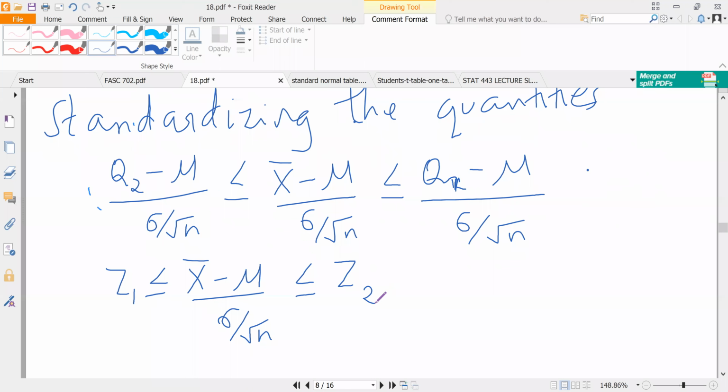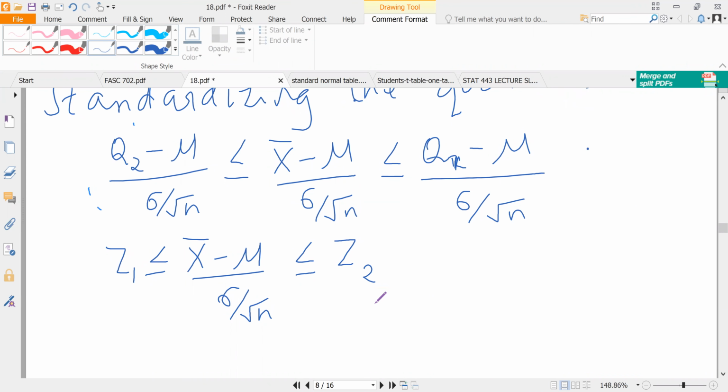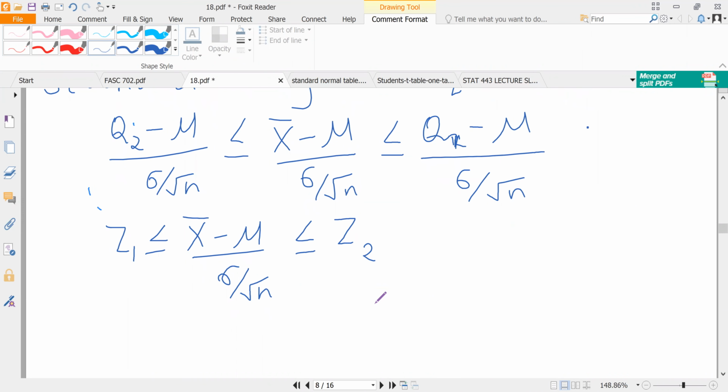Because of how we have performed this operation of standardization, what we need to know is that Z1, which is equal to Q2 minus mu all over sigma over root n, has a standard normal distribution.